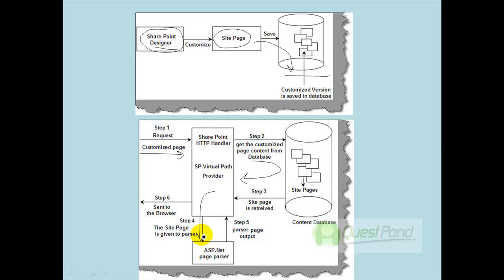So we can say that SharePoint has an inbuilt custom parser which parses the customized pages on the fly. The SharePoint ASP.NET parser parses the page and then gives back the output, right? So this is how overall a customized page is rendered.